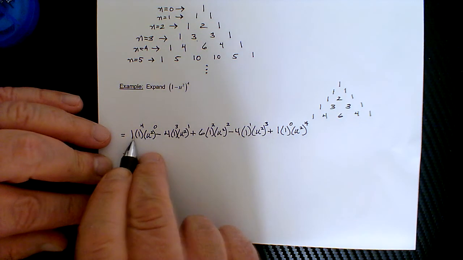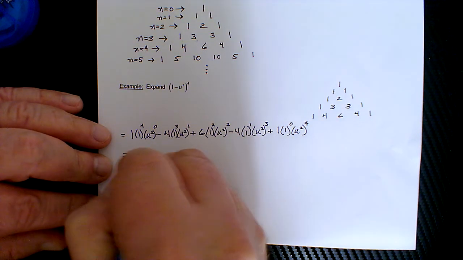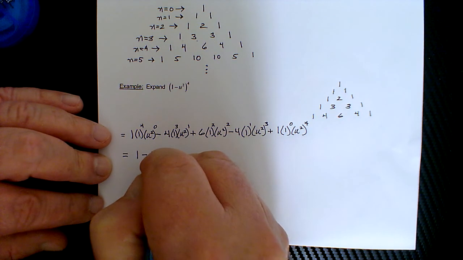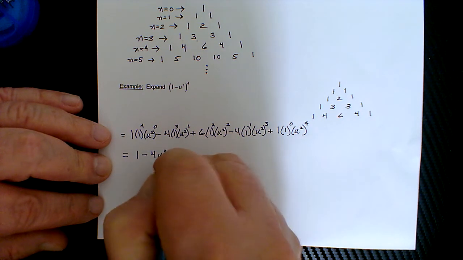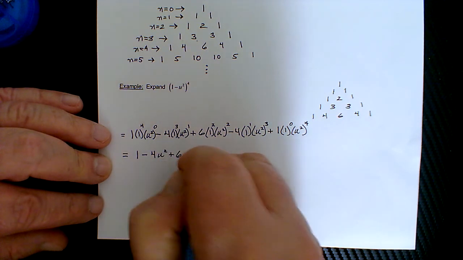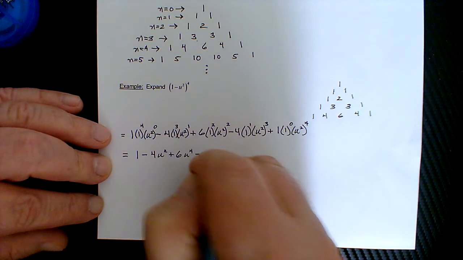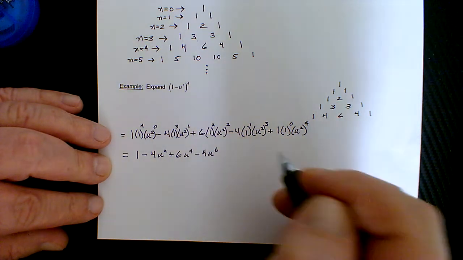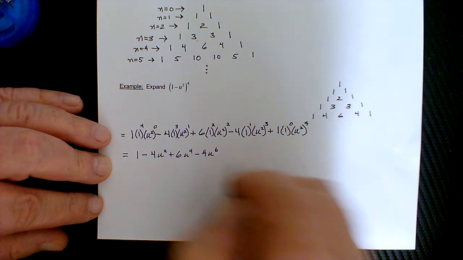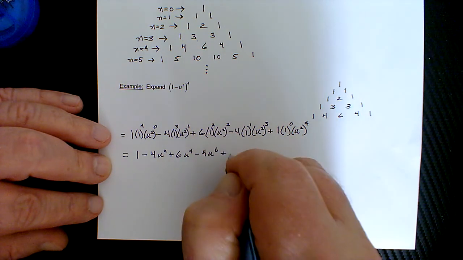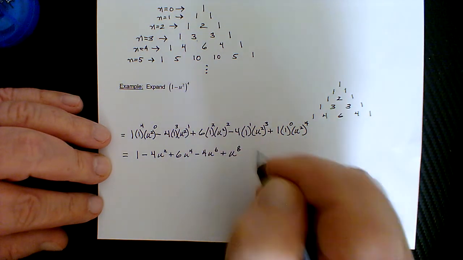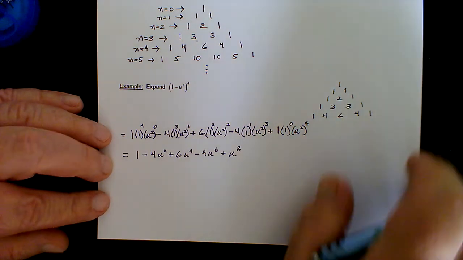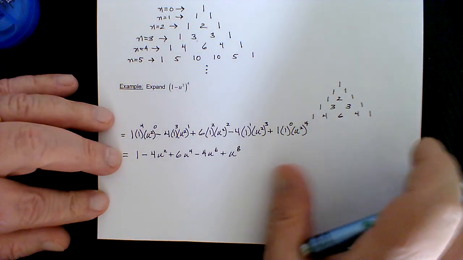So these guys are all 1s. 1 minus 4, u squared to the first, u squared, plus 6, u squared squared, u to the fourth, minus 4, u squared cubed, u to the sixth, and then finally plus u squared to the fourth, or u to the eighth. Okay, so that's all we expand, and go to the next example.